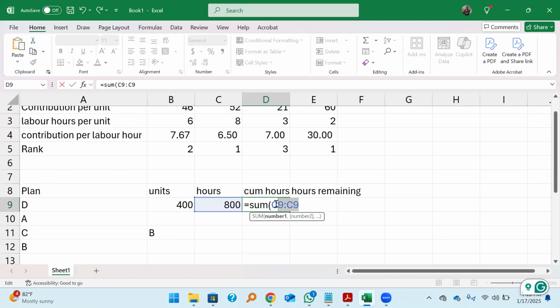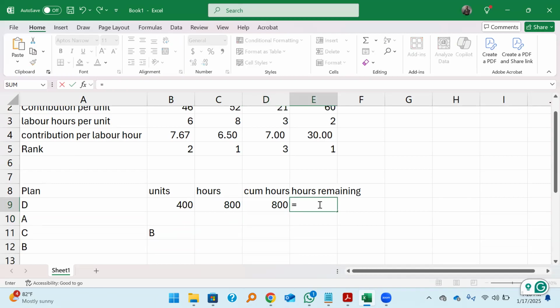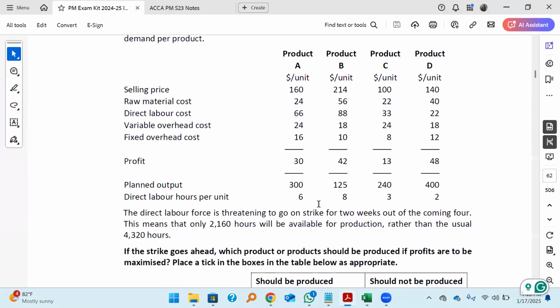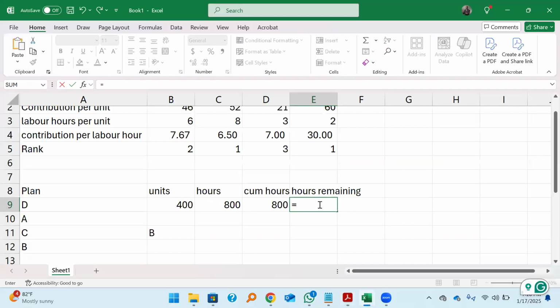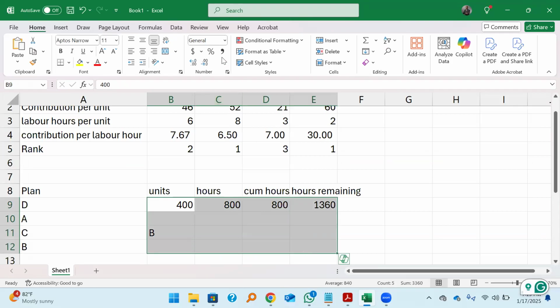So at the moment we are at 800, and the hours remaining, remember that we have only 2,160, so 2,160 minus the cumulative hours used. After I finish all 400 units of D, we have 1,360 hours remaining. Okay, so far so good.